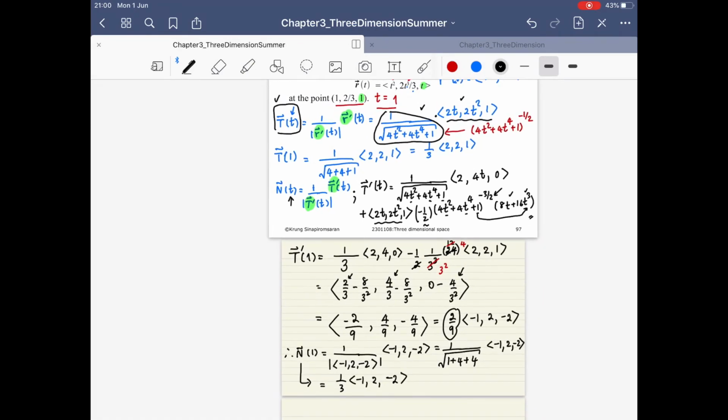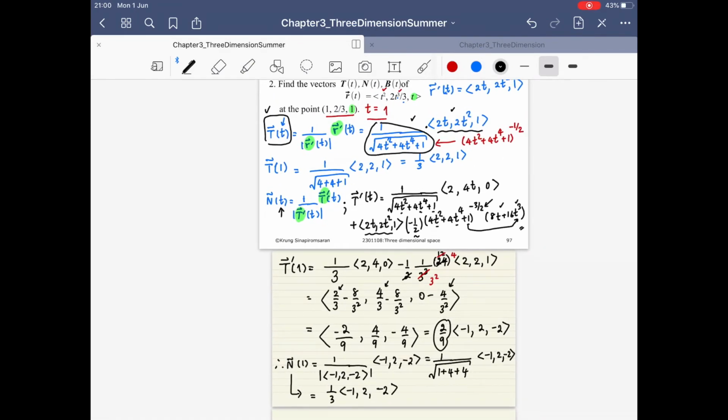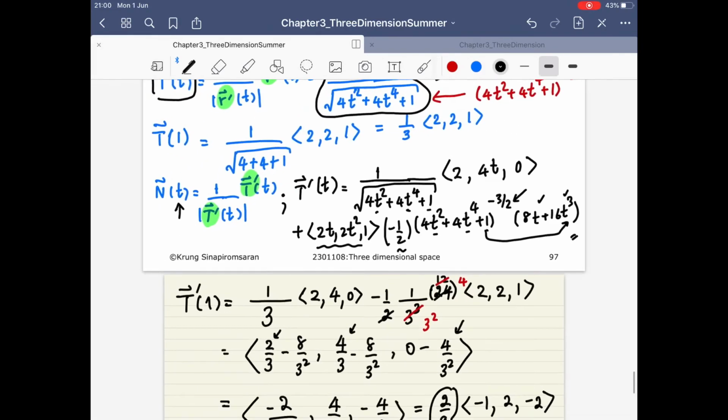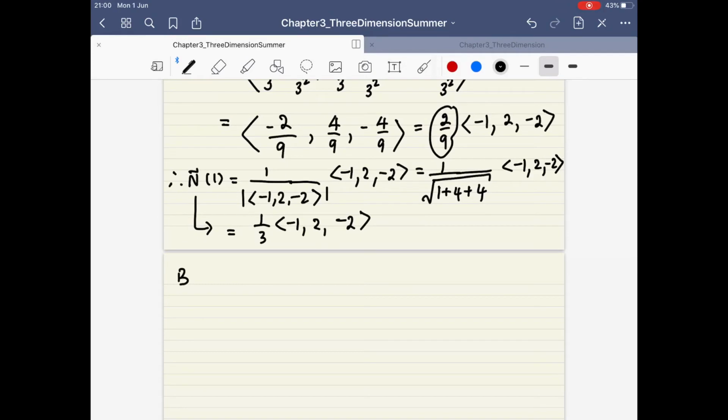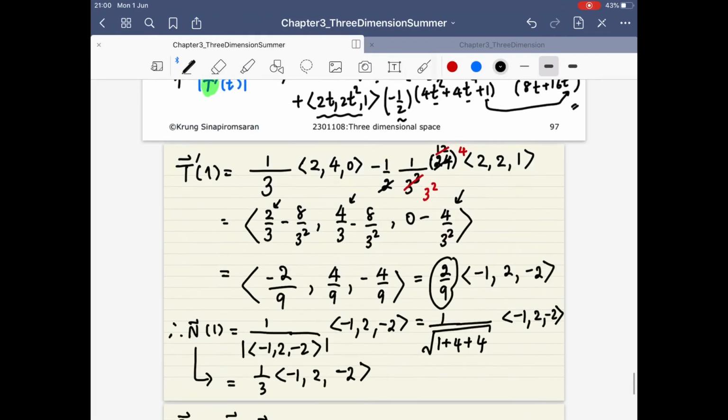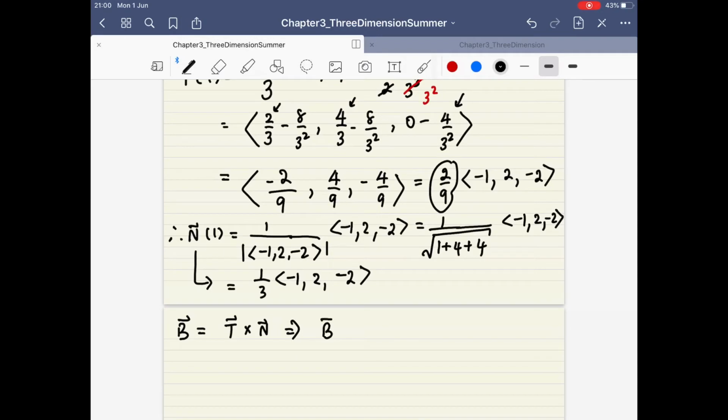So now you got your capital T at that particular point 1, you got capital N at that particular point 1. What else do we need? The capital B. Actually the B came from the T cross the N. Let us emphasize that we are going to find it at a particular point t equals 1.